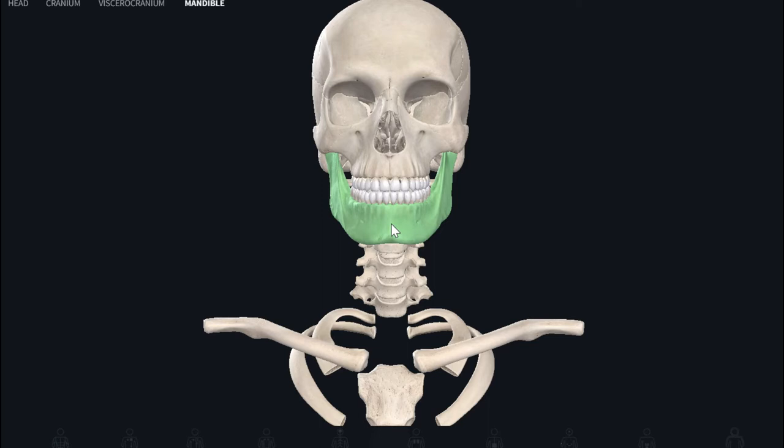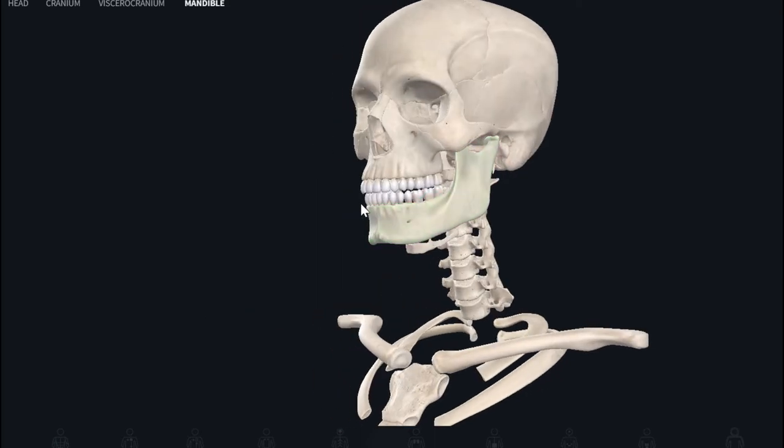Mandible is an irregular type of bone. Though it looks like a flat bone, it is considered an irregular bone because the actual shape of the mandible is irregular, though it looks flat on either side.